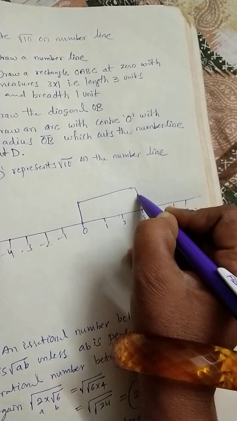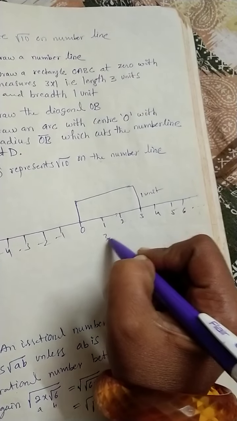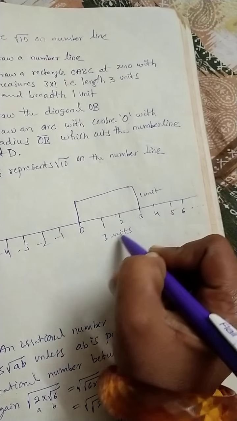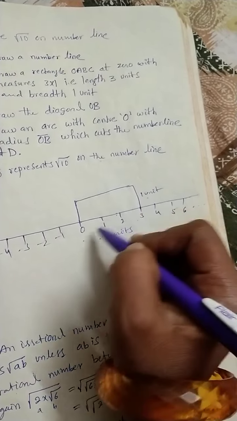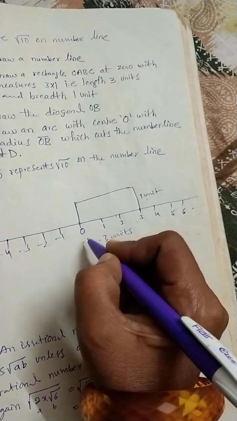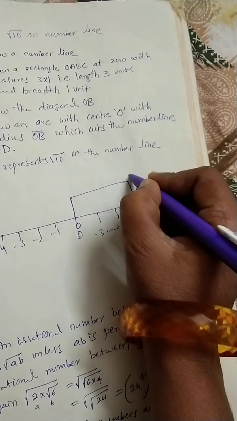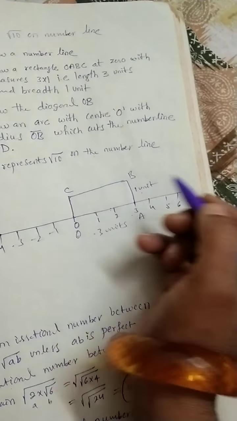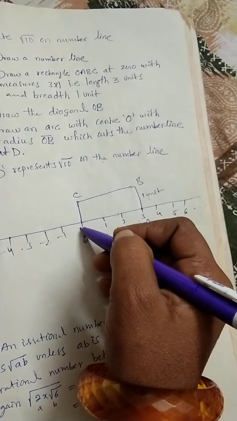Here I am taking, this is 1 unit and this is 3 units. Length 3 units, breadth 1 unit. Now the OABC rectangle at 0 we draw it.